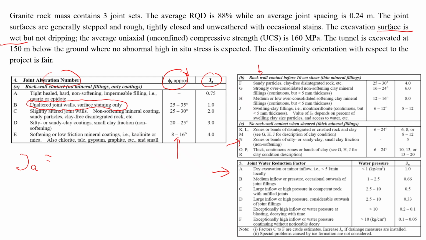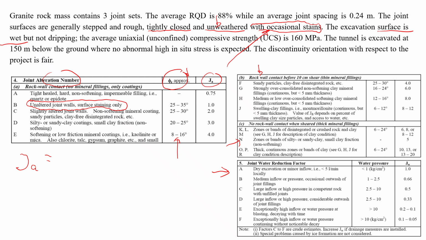Here what is important is that it's tightly closed and weathered with occasional stains. So it gives you some idea how much it's been weathered, right? You will see that it's not that much weathered. First of all, it says unweathered, and then it only says with occasional stains, which means the rock may be characterized as something from fresh to slightly weathered material.